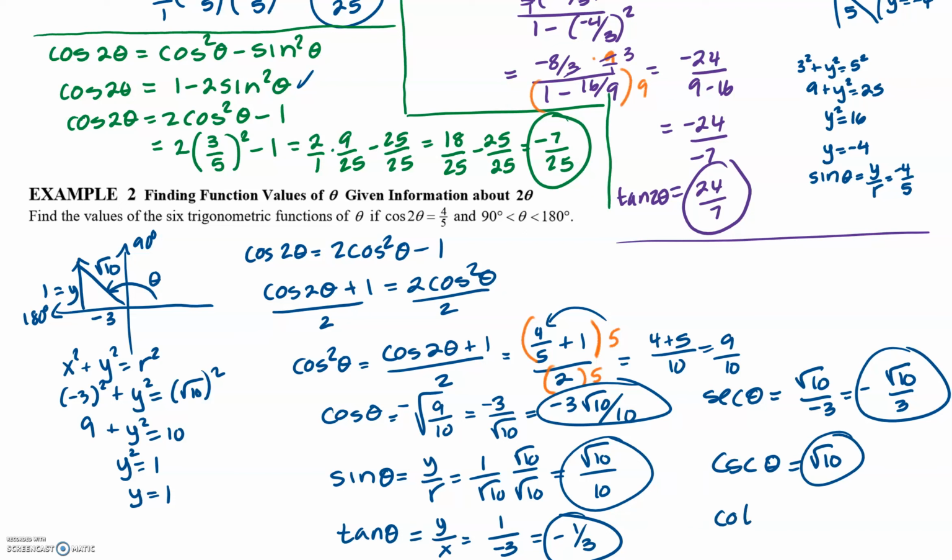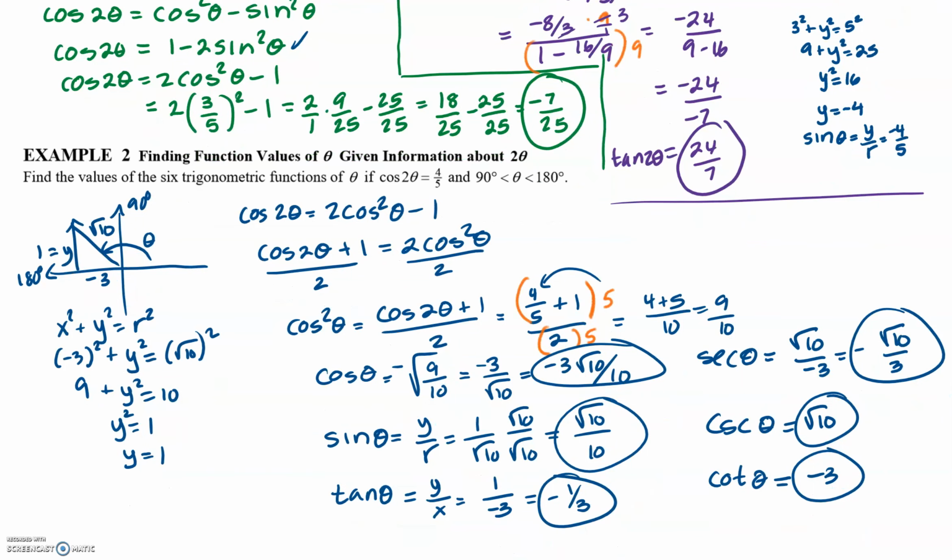And finally, cotangent of theta is the reciprocal of tangent, so this is just -3. And there are our 6 trigonometric functions if cosine of 2 theta is 4/5. I hope that helps.